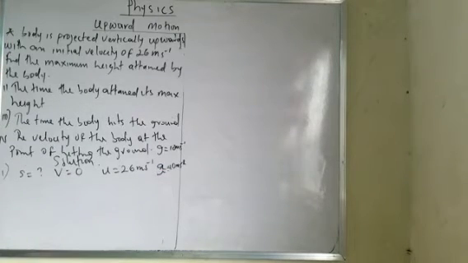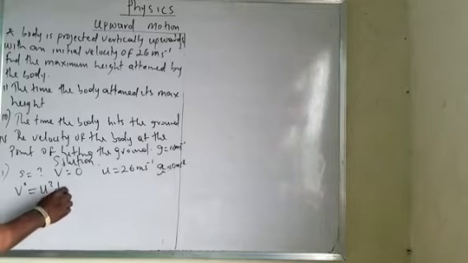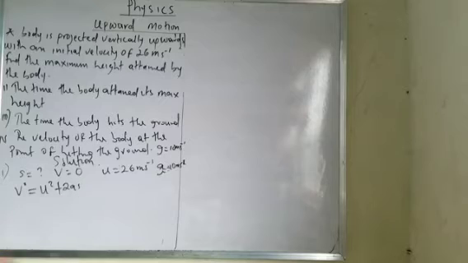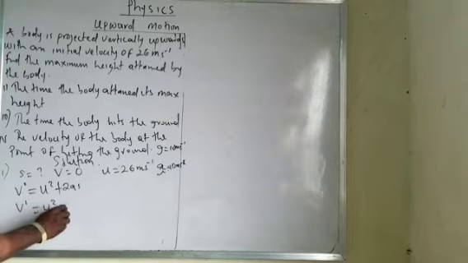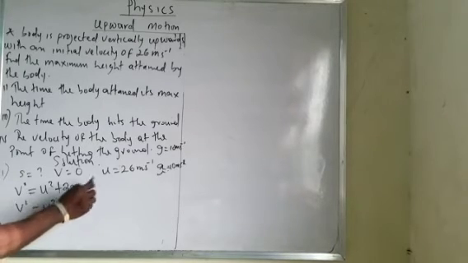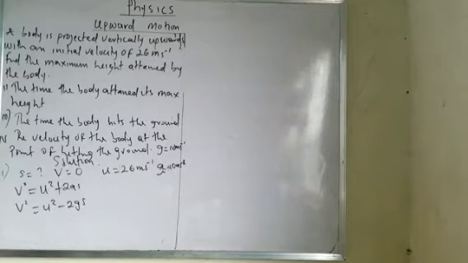Now I can continue by having v squared equals u squared plus 2ax. Because of the minus here, v squared equals u squared minus 2gx, because gravity opposes the motion.